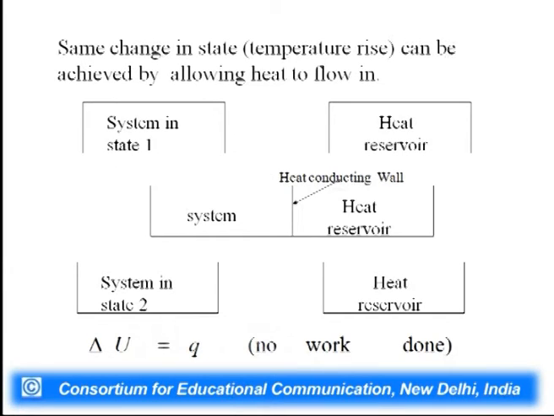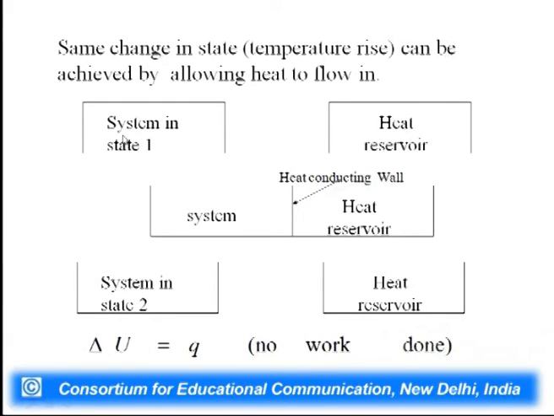Now, change in state can happen in another way. You can raise the temperature in a different way, and that is by allowing heat to flow in. So, suppose there is a system in state 1 and there is a heat reservoir. Now, you want to increase the temperature of the system.